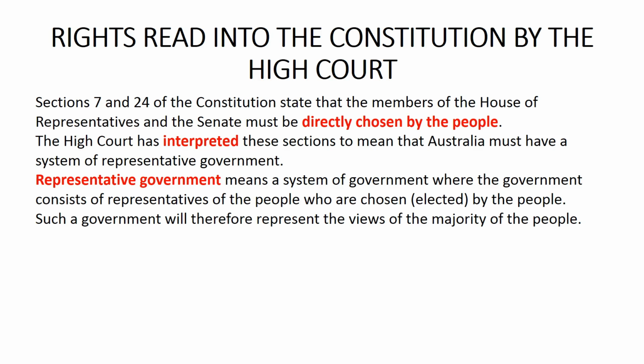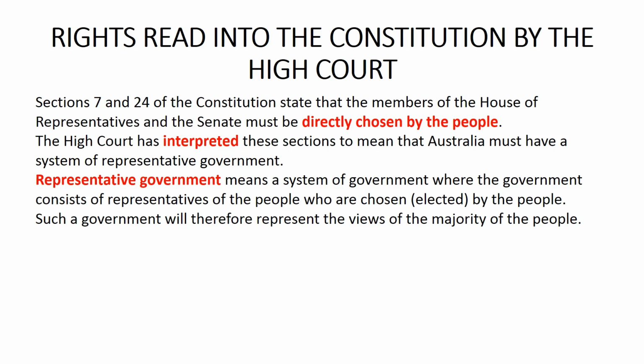The High Court has interpreted these sections to mean that Australia must therefore have a system of representative government. Representative government means a system of government where the government consists of representatives of the people who are chosen, that is elected, by the people. And this is an important concept because such a government should therefore represent the views of the majority of the people.